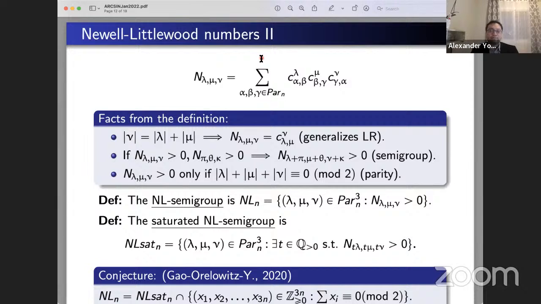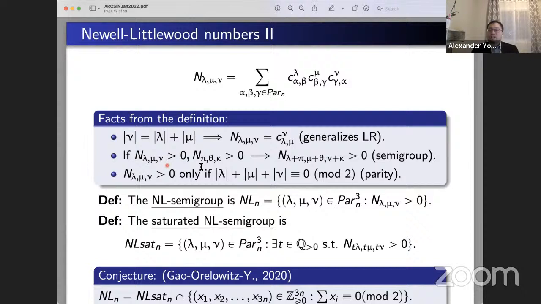The first thing you would learn just by thinking about the definition for the first five minutes or an hour is that the Newell-Littlewood numbers generalize the Littlewood-Richardson coefficients, in the case that the number of boxes of ν equals the number of boxes of λ plus the number of boxes of μ. So everything we're going to say is not only an analog, but in fact a generalization.